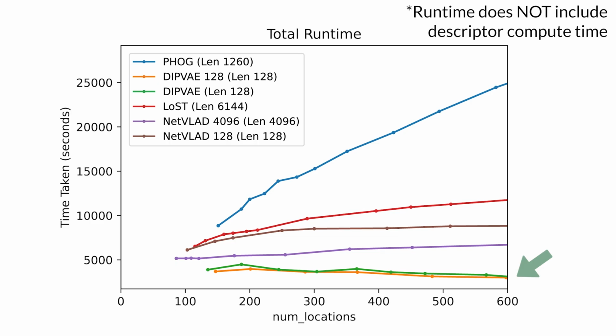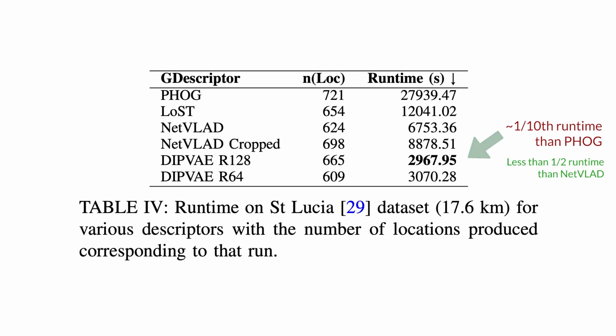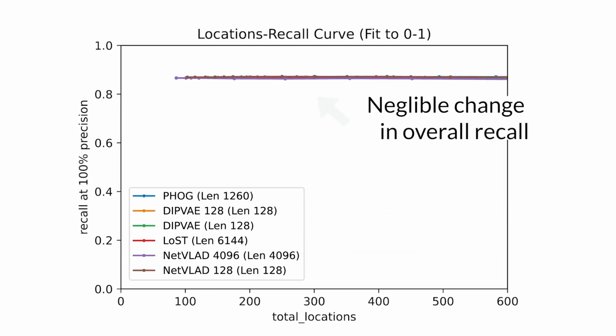We note that the runtimes do not include the descriptor compute times. DiffAE performs up to 2.3 times faster than the second best global descriptor, NetVlad, and up to 9.5 times faster than the handcrafted descriptor PHOG on St. Lucia, while maintaining the same performance, achieving recall values similar to that of other descriptors.